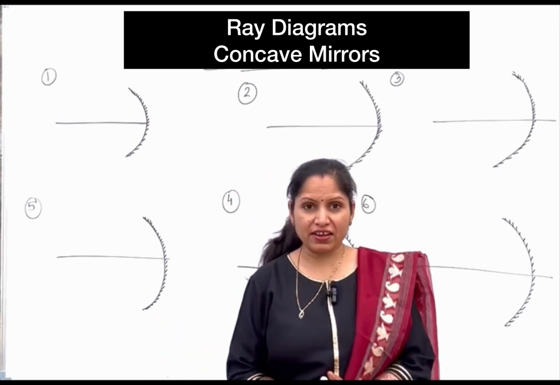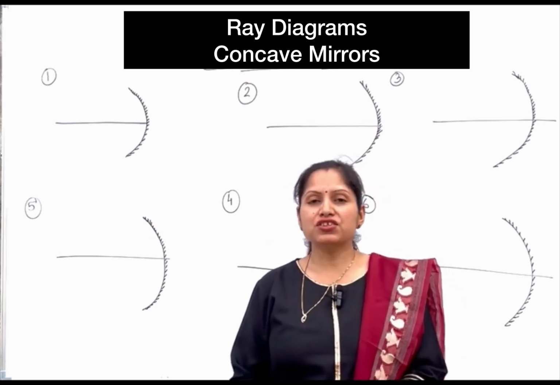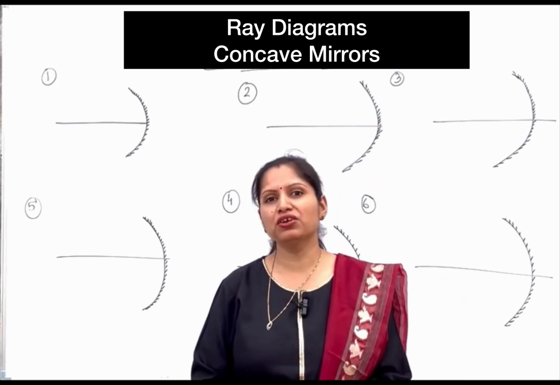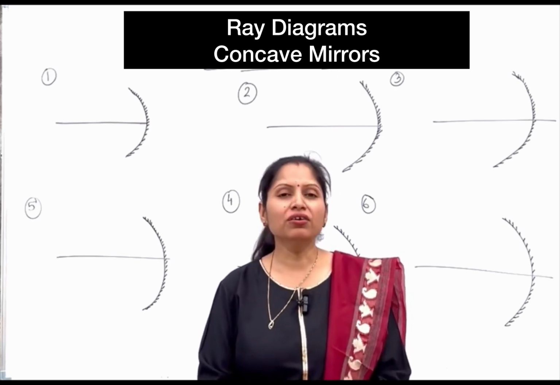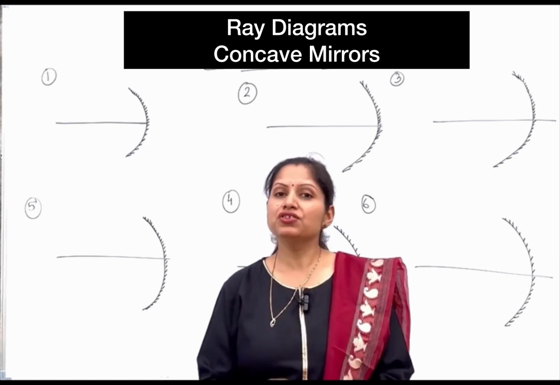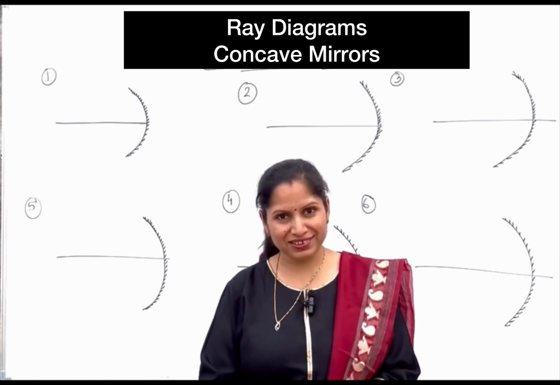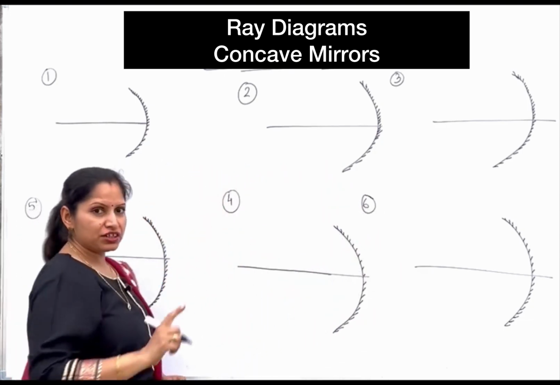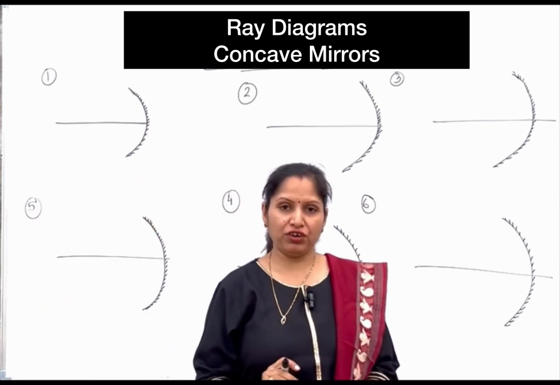Concave mirror के सारे ray diagrams बनाएंगे, but before that, I just want you all to sit with your notebook and draw all the diagrams by yourself. आप खुद बनाते जाओ and pause the video, try it by yourself, then check whether you have drawn it correct or not. ठीक है? So let's start with that. The first condition is when the object is at infinity.